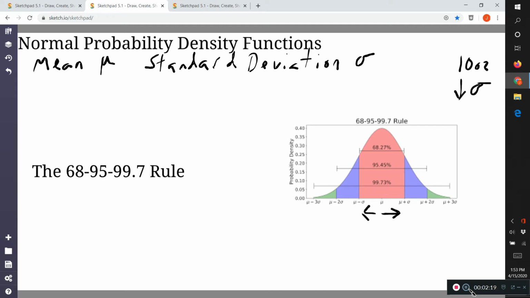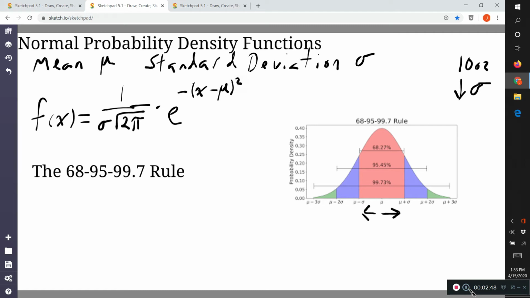The formula for a probability density, f of x, is equal to 1 over sigma root 2 pi times e to the exponent negative parenthesis x minus mu squared divided by, still in the exponent, the quantity 2 sigma squared, end quantity.